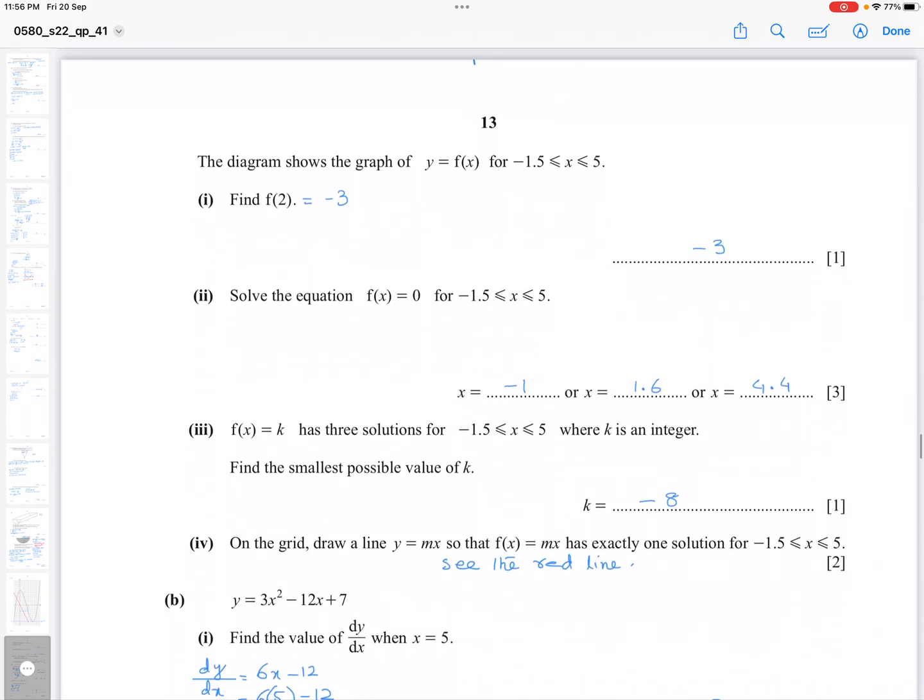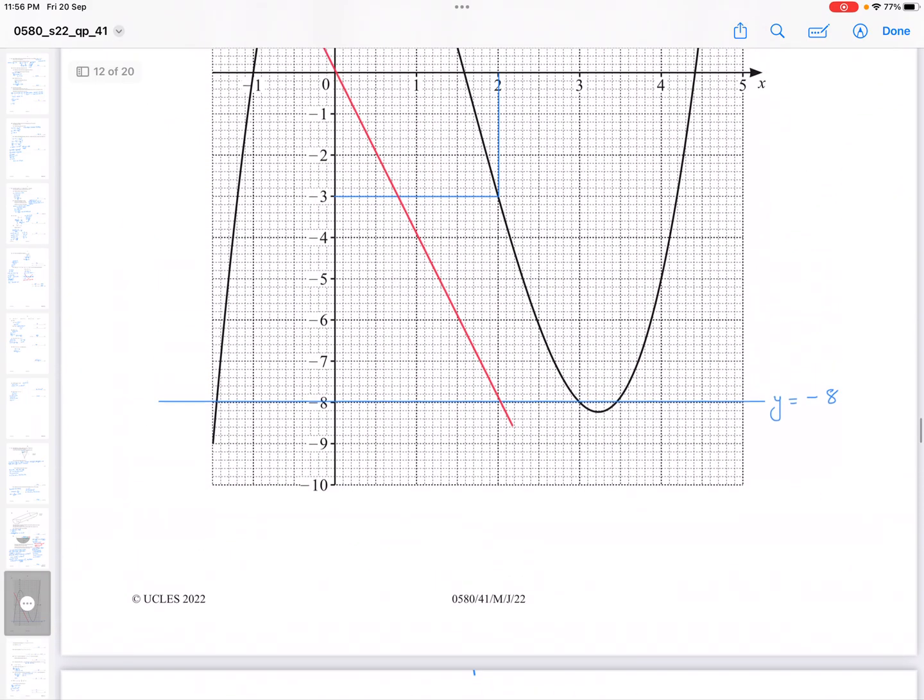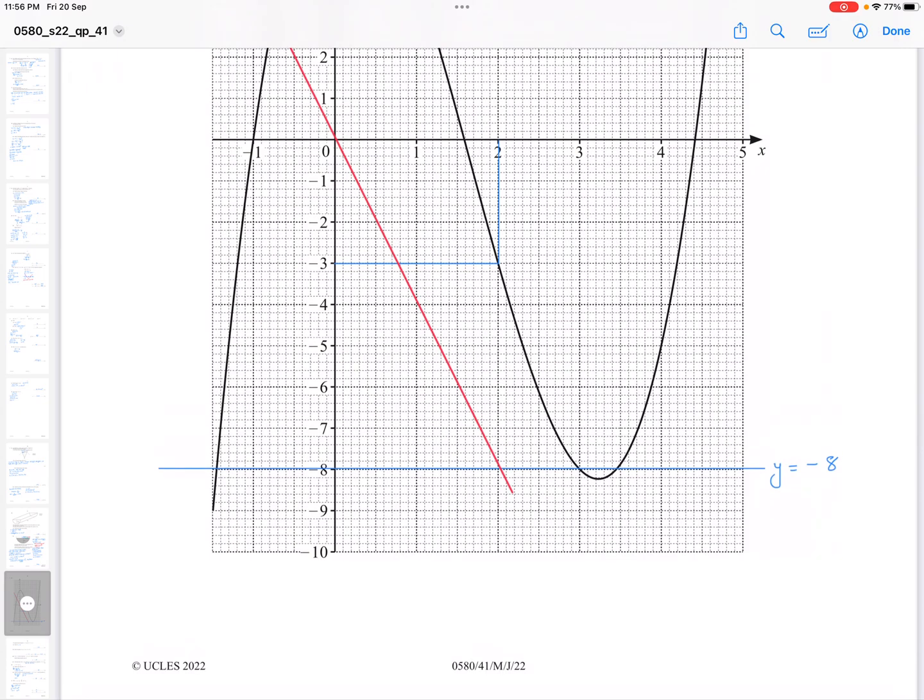In the third part, f of x is equal to k has three solutions for this range where k is an integer. Find the smallest possible value of k. So you can see this blue straight line y is equal to -8. This line is cutting the curve at three places, and this is a minimum.